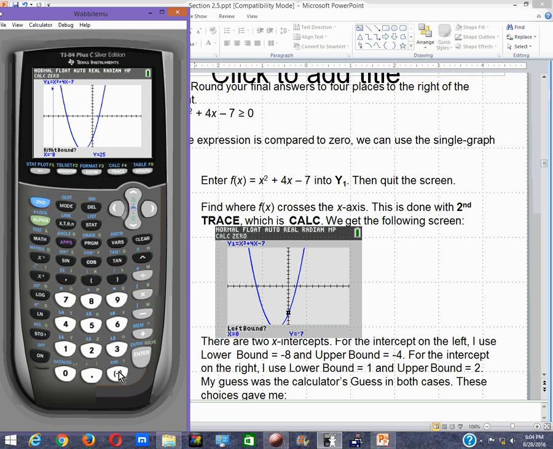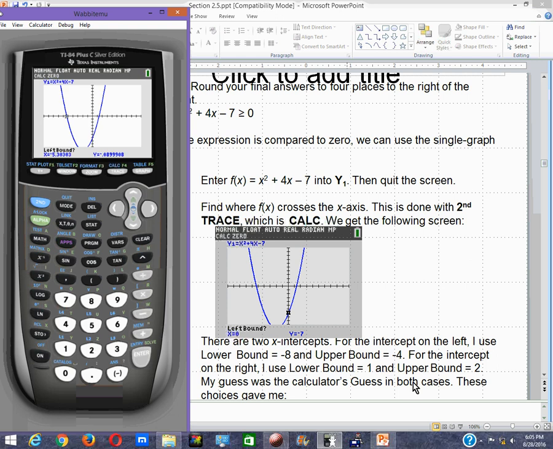And then for my right bound, -4. Okay, notice I am capturing the intercept that's on the left. So the guess of -4, sure, why not? So my zero that I have there is -5.3166 to 4 places.